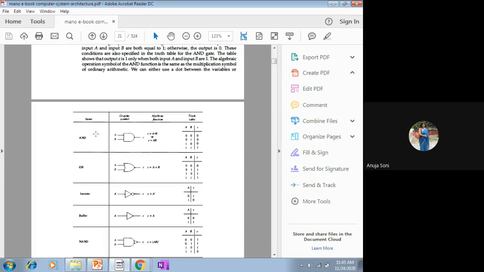AND is called one of the logical operations, OR again is called a logical operation. Inverter again is called a logical operation. So whenever we talk about Boolean algebra, we talk about algebraic equations with some variables having Boolean values or binary values, and that deals with different logical operations.